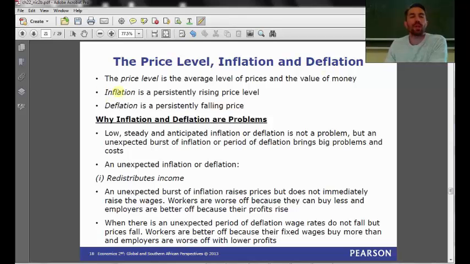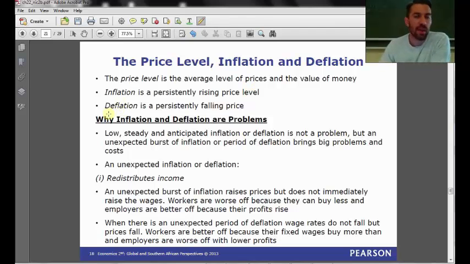When we refer to inflation, what we mean is a persistently rising price level. In other words, a price level that is continuously changing in a positive direction. It is continuously getting bigger. If your price level is continuously getting bigger, then we have inflation.